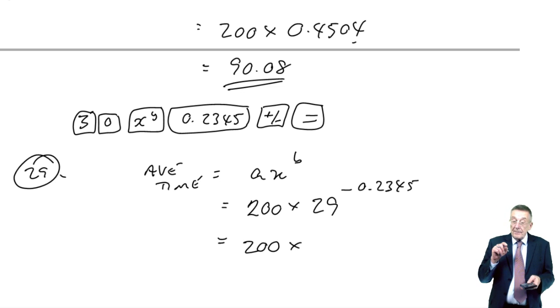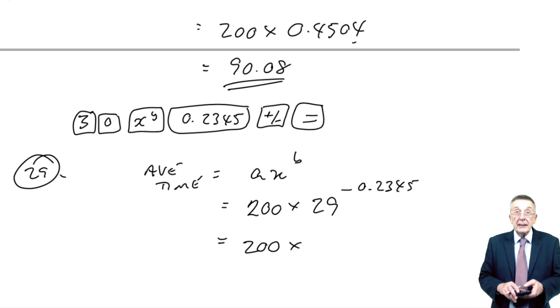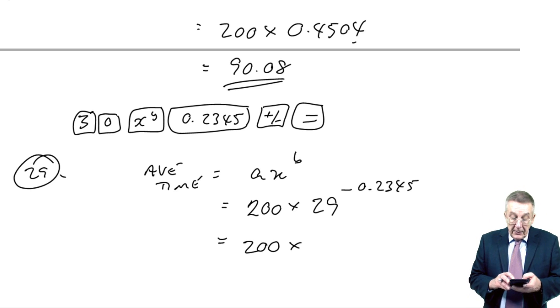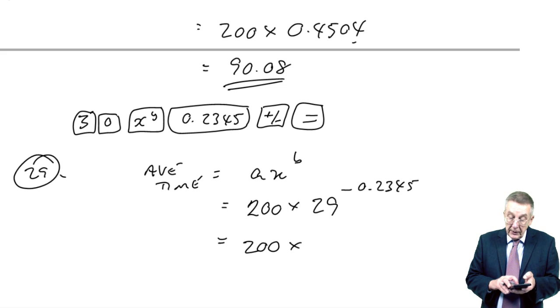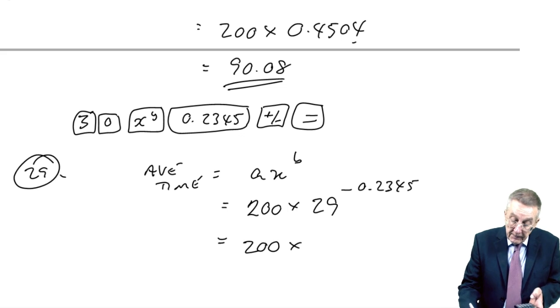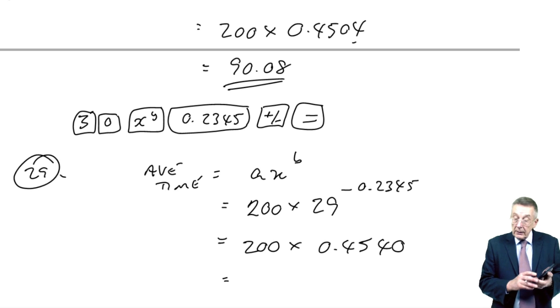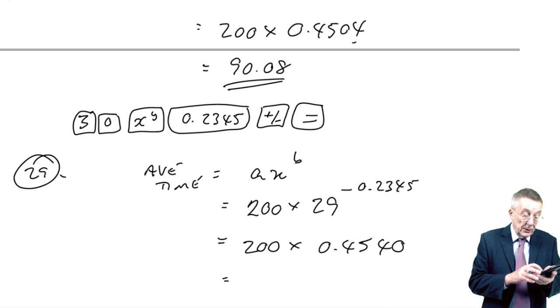And I'm not going to talk button by button this time. I'll say again, once you've got it for one, you can do it for any. But 29 to the power negative 0.2345 equals 0.4540. And this time I'll just multiply direct by 200.